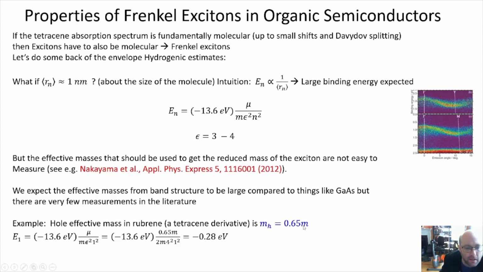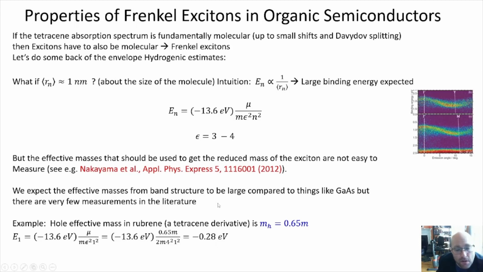If we take that as a rough estimate of the effective mass that goes into the hydrogenic model, and we take the size of the molecule to be about a nanometer, then we get a binding energy for an exciton on tetracene that's about 0.28 electron volts.